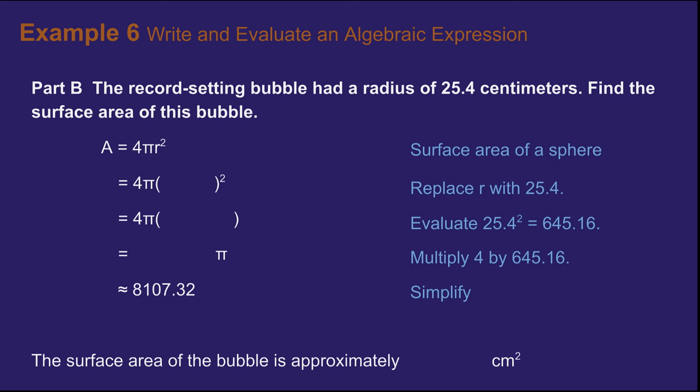So we know the area was 4 times pi times r squared. It tells us the radius was 25.4. So r equals 25.4. We defined r as our radius. So let's plug in 25.4 instead of r.